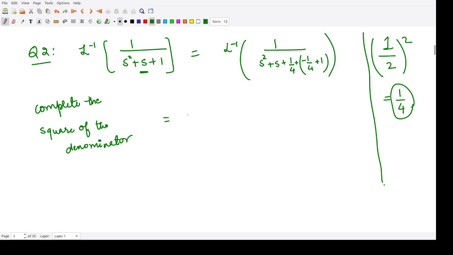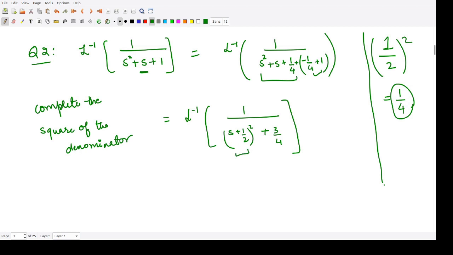So this is Laplace inverse of 1 divided by, now what is this quantity? This is the square of s plus 1 by 2. And then we have, what is this quantity? This is nothing but 3 by 4, so positive 3 by 4. So when you take the Laplace inverse, according to the shifting property, it would be e to the power minus 1 by 2 t.